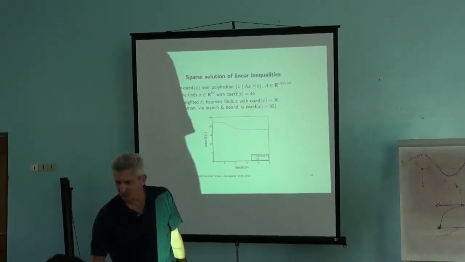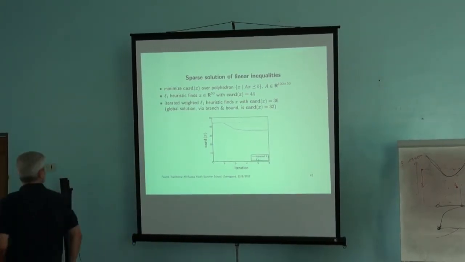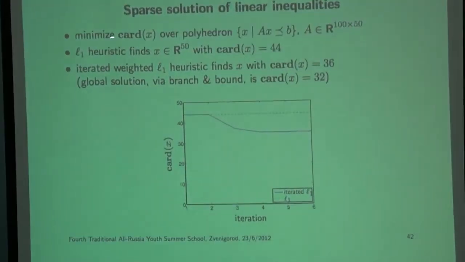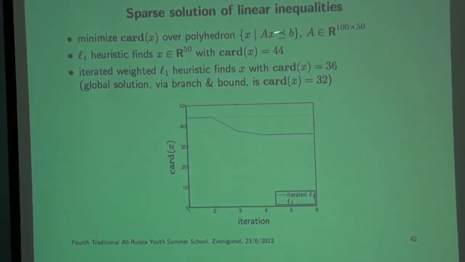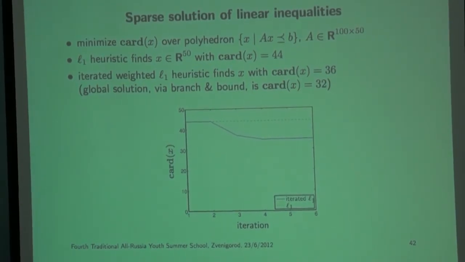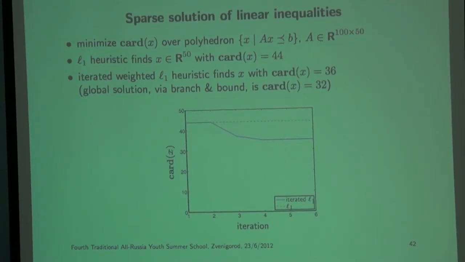Let's see how it works. This is very typical. Here's an example. I have a polyhedron that's 100 by 50, so it's got up to 100 faces, and I want to find the minimum cardinality point in it. By the way, we ran branch and bound on this and found that the minimum cardinality is 32.